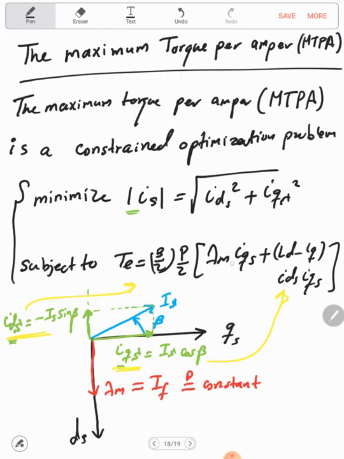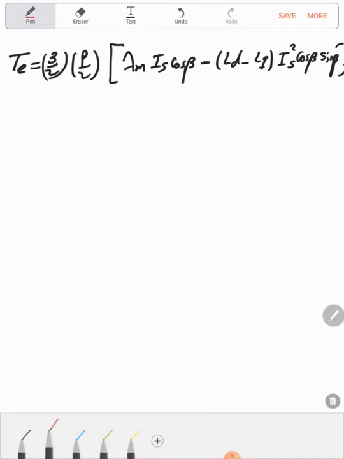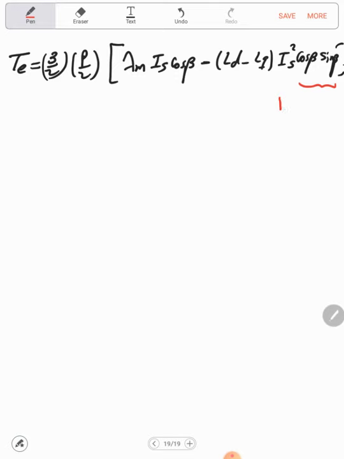So here we have minus sign, so this will be minus, and we have LD minus LQ, and we have IS square, cosine beta sine beta. Now cosine beta sine beta actually is 1 over 2 sine 2 beta.